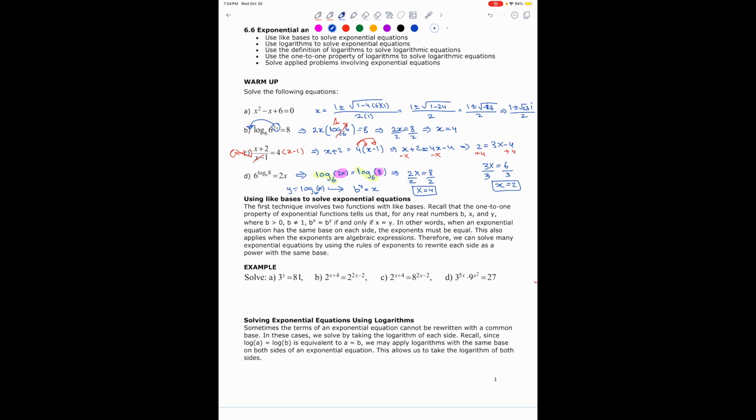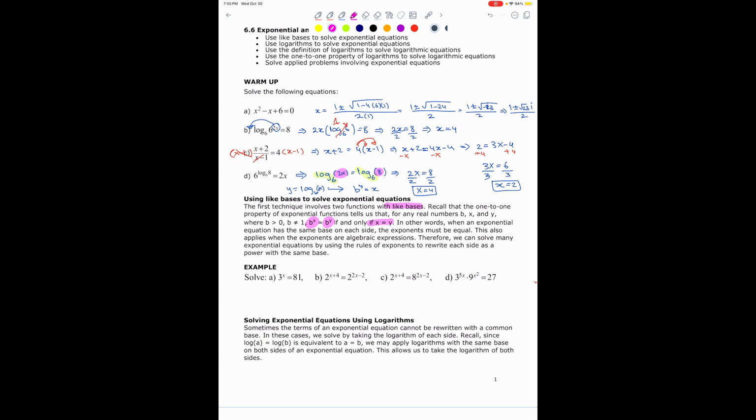The first technique involves two functions with like bases. Recall that the one-to-one property of exponential functions tells us that for any real numbers b, x, and y, where b is positive and b is not equal to 1, b to the x is equal to b to the y power if and only if x is equal to y.